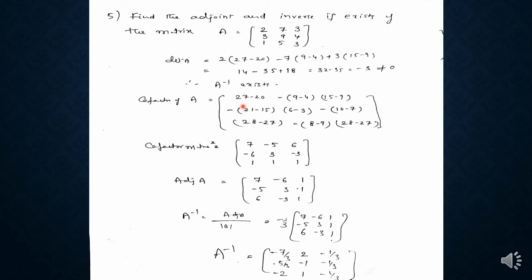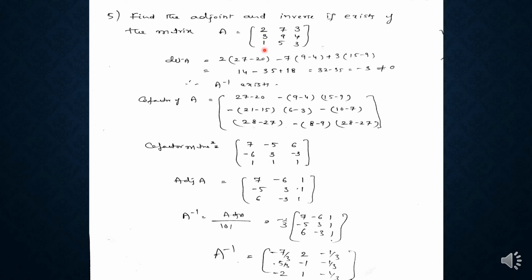So the cofactor matrix of A is equal to: the first element is 9 into 3, 27 minus 20. For the second element, minus of, by deleting this row and column, we get 3 into 3 minus 4 into 1, that is 9 minus 4. For the next element we get 15 minus 9.